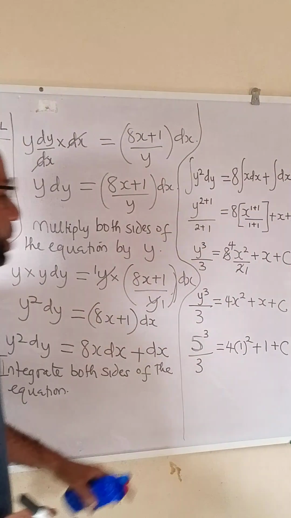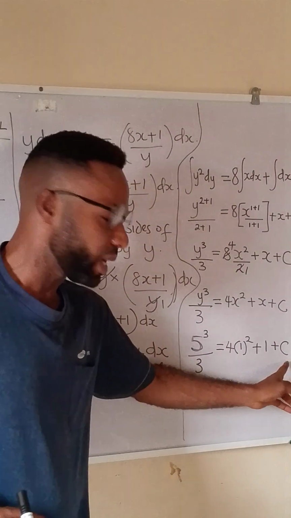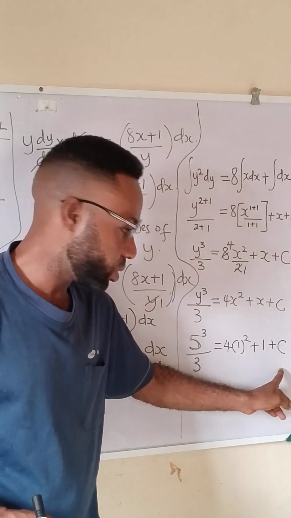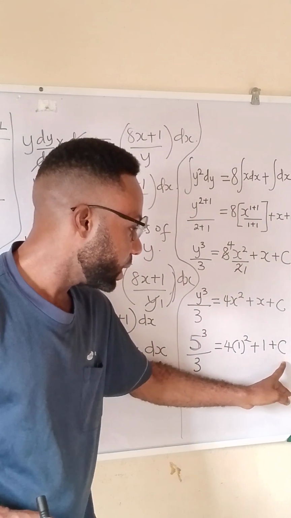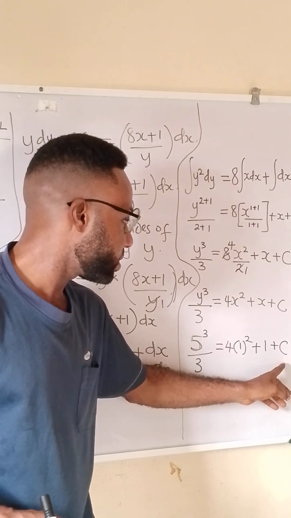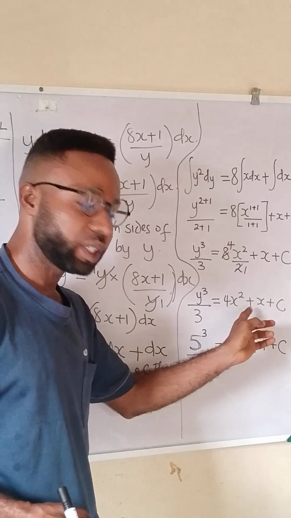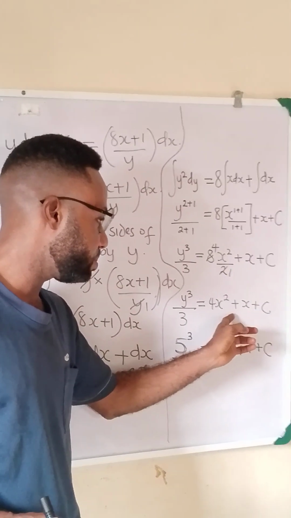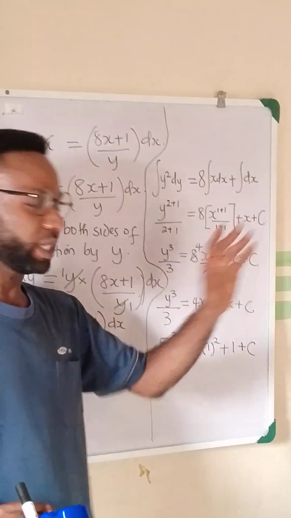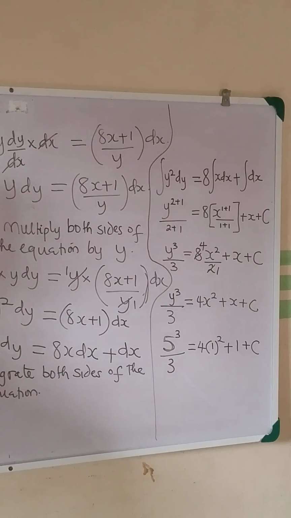Now we are doing this because we want to know the value of the constant c, so that once we find the value of the constant c, we can now take it to this original equation. This is the original equation. We can take it back and write the value, and then that will be the end of our solution.